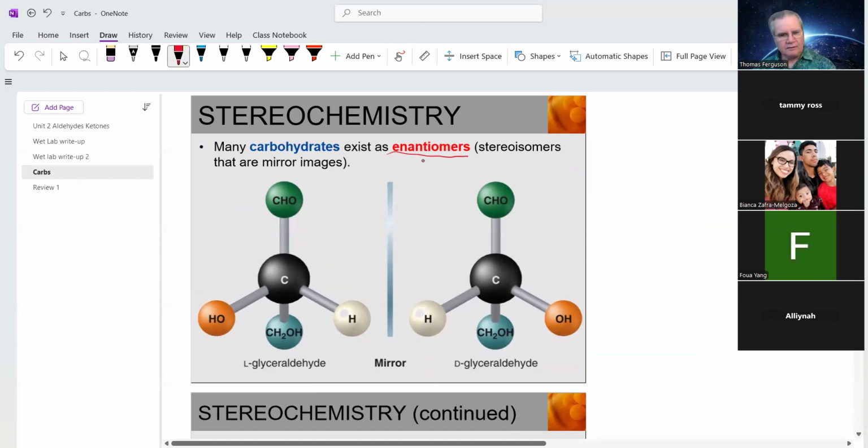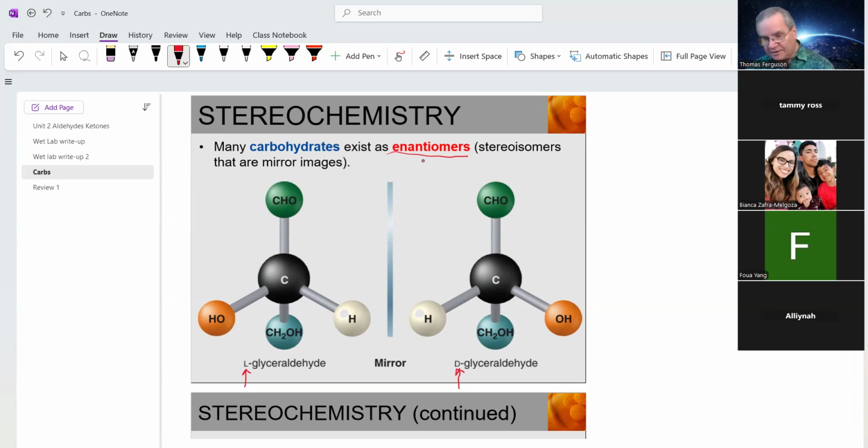Enantiomers are mirror images of each other, or stereoisomers, and they're designated with the D or L designation, kind of like cis or trans. Now, this is extremely important in biochemistry, and the reason why it's important is because enzymes' active sites are designed specifically for a D or an L version of the substrate.